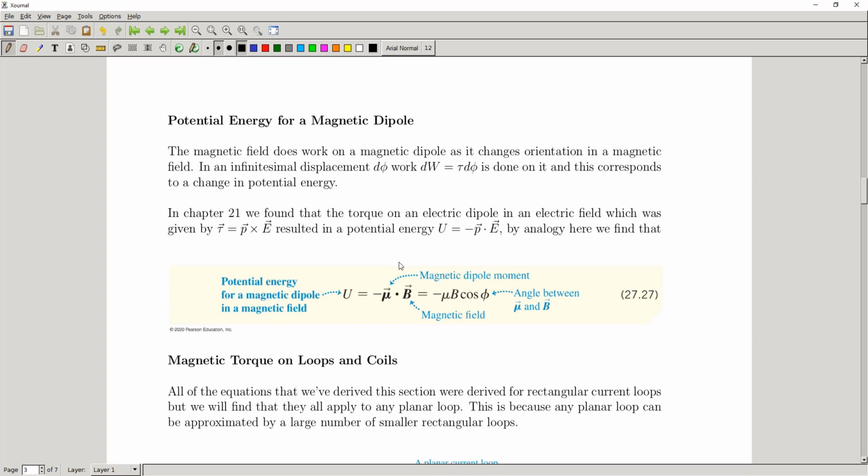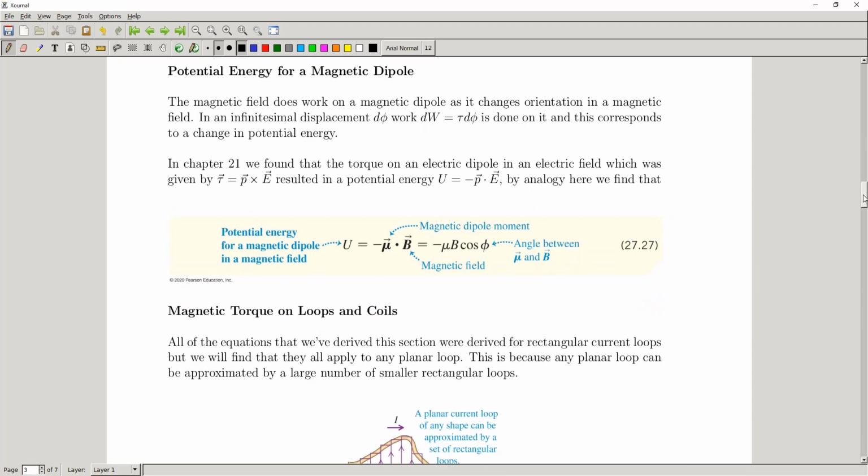This is the potential energy for our magnetic dipole in a magnetic field, and it's simply given by the negative of our magnetic dipole moment dotted into our magnetic field. That's the value for our potential energy for this dipole in the magnetic field.